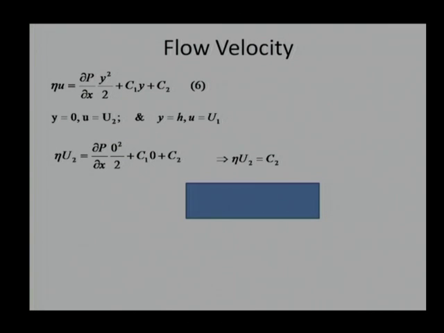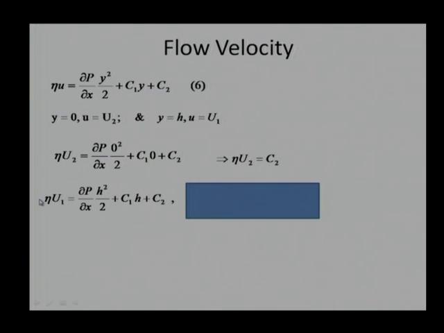Now, time comes to find out C 1, we can use another boundary condition. When y is equal to h, u is equal to u 1. As we already know what C 2 is, we can substitute the C 2 value over here. So, eta into u 2.